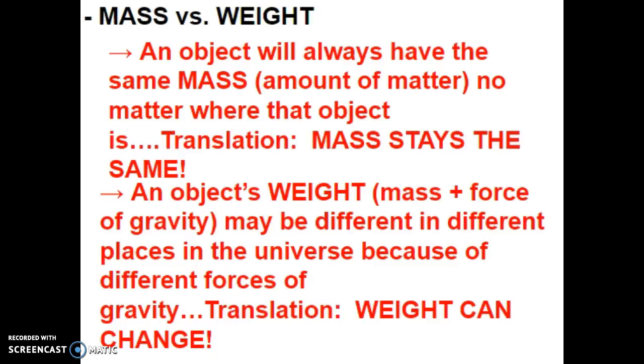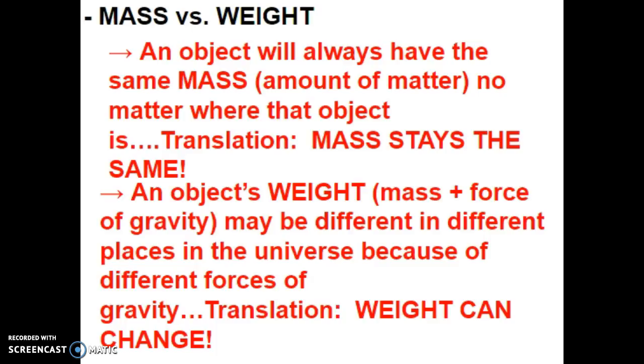If I weigh myself here on Earth, and I am 61 kilograms here on Earth, I can go up to the moon, and on the moon, I would weigh 10 kilograms. However, I still have the same amount of mass, but because the moon has 1/6 less gravity than Earth does, my weight will change going from the Earth to the moon.